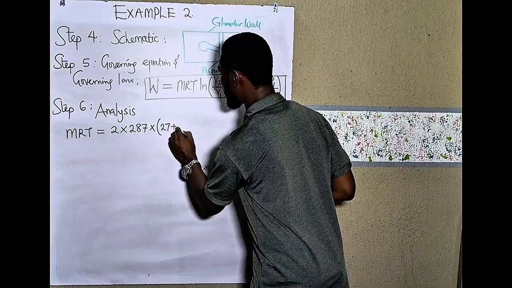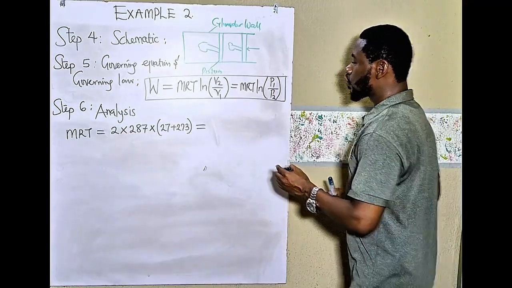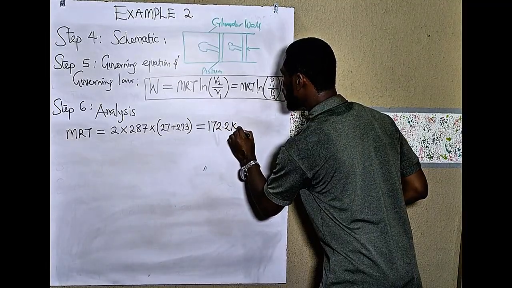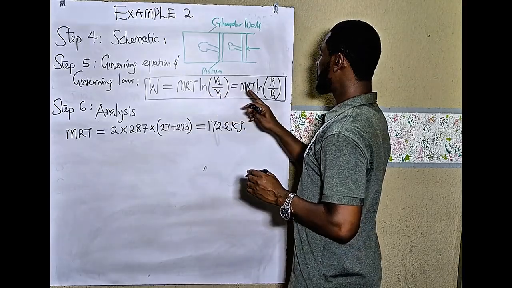We need to convert it to Kelvin, plus 273, equals 172.2 kilojoule.